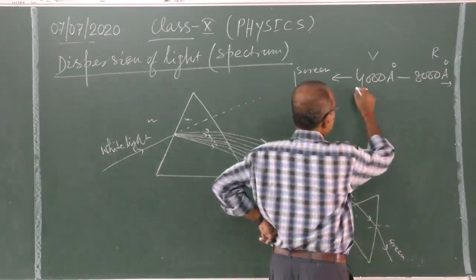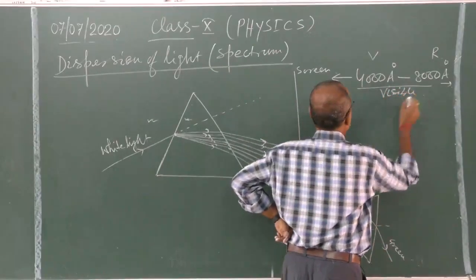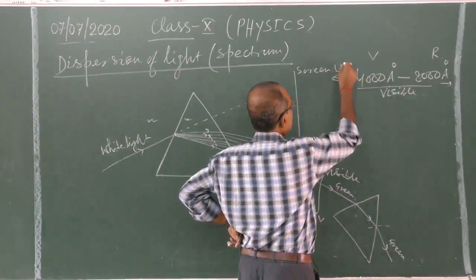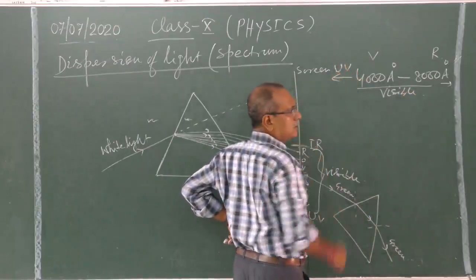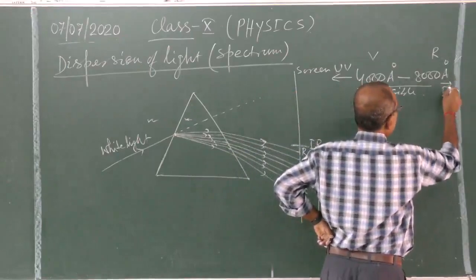Therefore, this range is visible. Below violet is the ultraviolet region, above red is the infrared region.